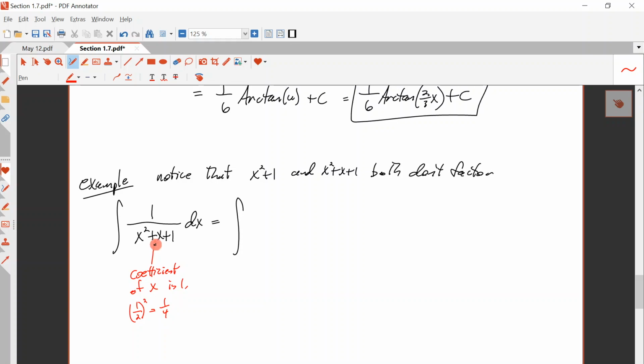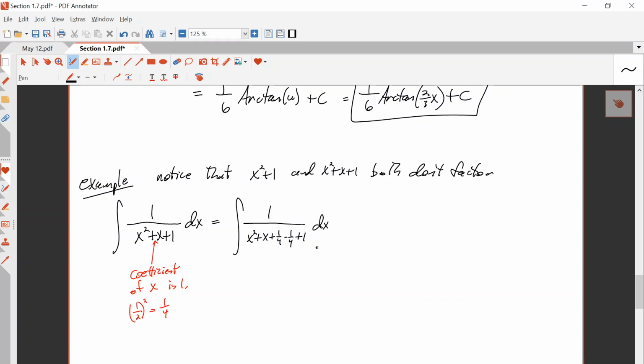Take the positive coefficient of x, even if there's a negative there, divide it by 2, and then square. And you get a quarter. So what do I do with that quarter? I do like this. This is x squared plus x plus 1/4 minus 1/4, which is 0, plus 1.